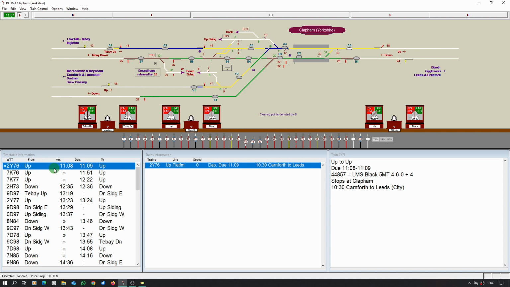So they usually arrive a minute early for some reason. Well, it's just changed to 11:08, so it was literally a few seconds. So he's due to stand there for a minute.